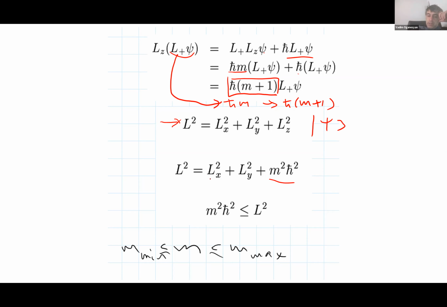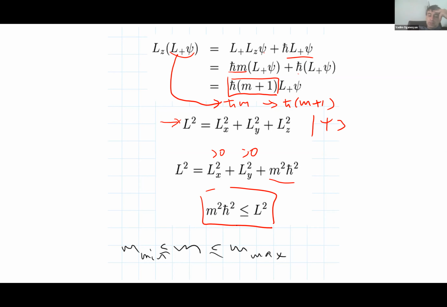Now we imagine operating on some psi just like that, and because these are positive, this basically tells us that L squared is bounded by m in this way. That's trivial.